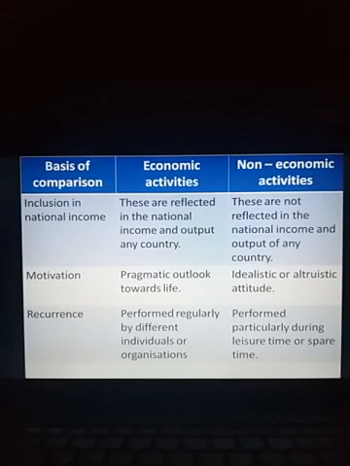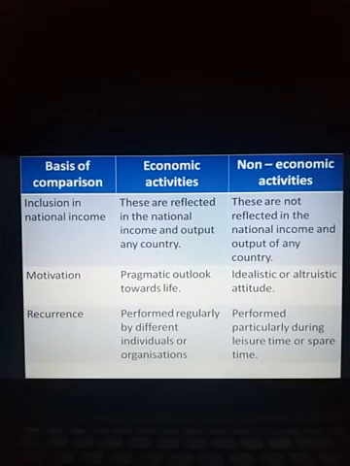Then point number 6, that is reoccurrence or recurrence. Under this basic comparison, how we can compare the differences. Let us observe. Here, economic activities, they are performed regularly by different individuals or organizations. See, in the very beginning, when we discussed human activities, we made a mention that every human being performs one or the other activity, and every human being keeps himself or herself engaged in one or the other activity, and he performs continuously that activity in order to earn money, because commercial motive is there.